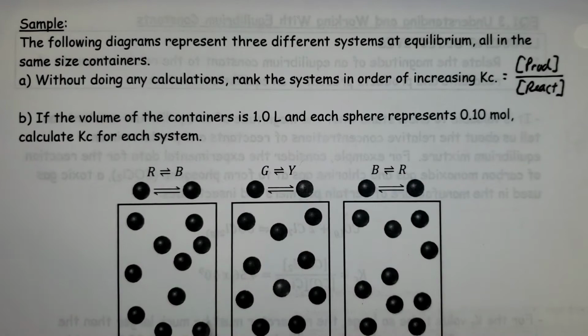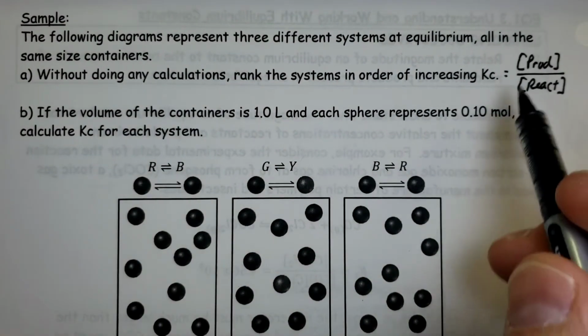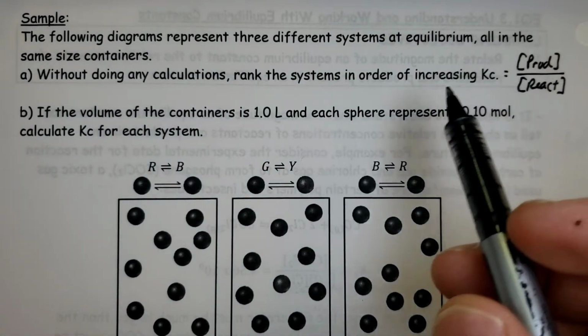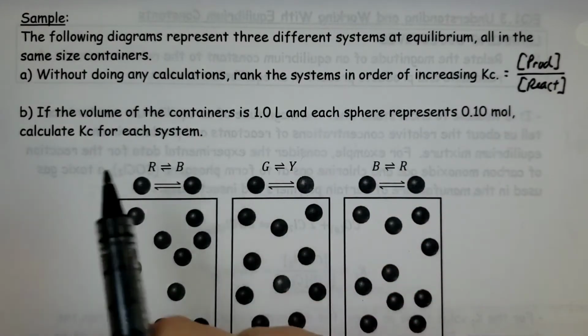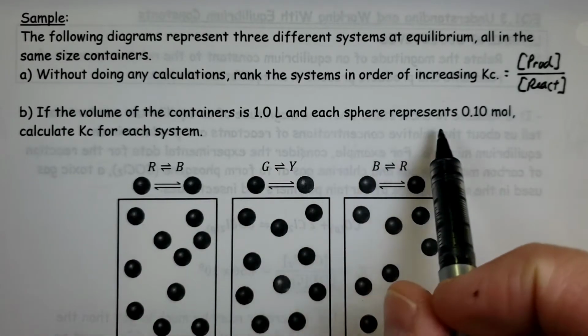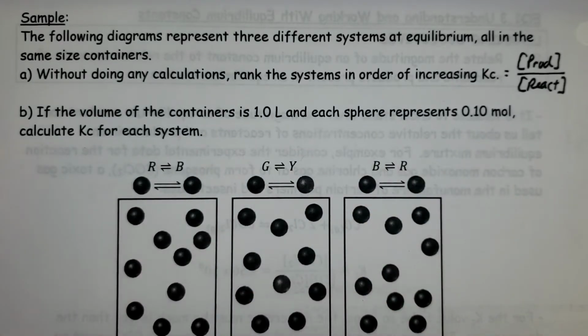So if we see a large amount of products compared to reactants, that tells us we're going to get a bigger result here, right? Because in math, a large numerator divided by a smaller denominator gives a big number. Then if the volume of each of these containers is 1 liter, and if each sphere is 0.10 moles, actually figure out what the Kc is.